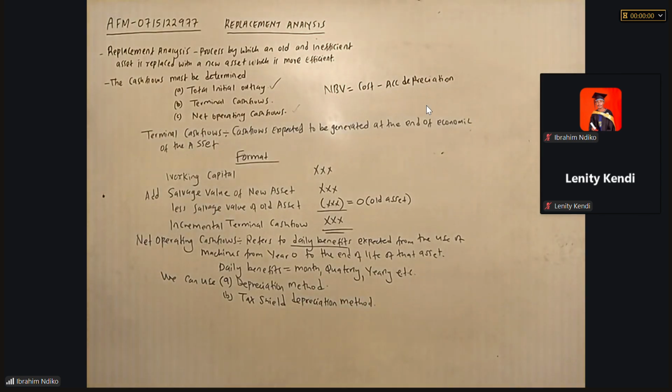Either we use those 2 methods. I prefer the first one, the depreciation method. That is what I will show you.